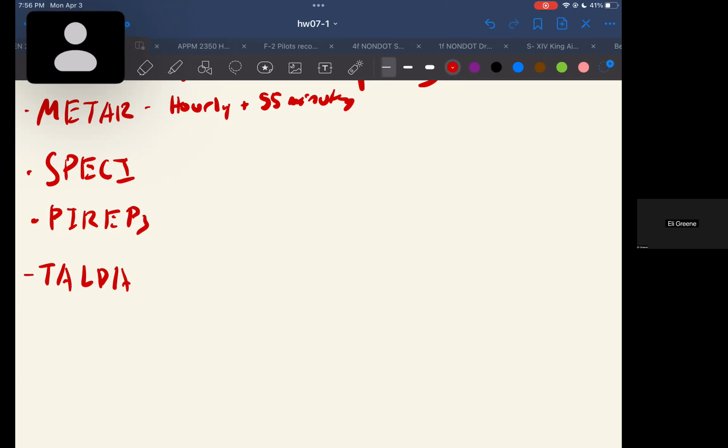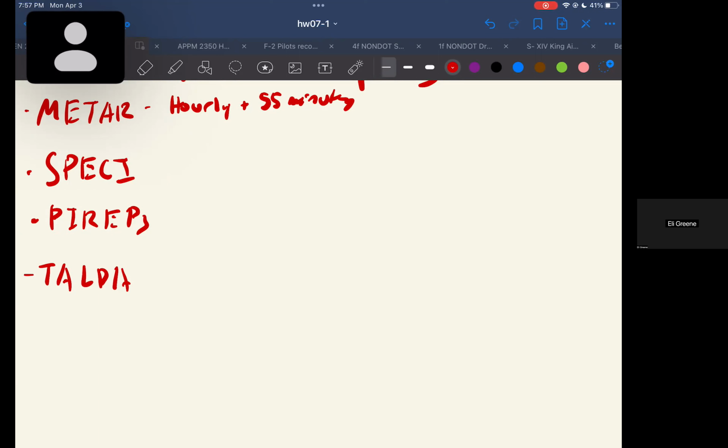Here's the official definition if we want it. There's actually one more: SKC, which is sky clear, so there's just nothing there. Few is trace amounts of clouds, then BKN is broken, and then overcast.